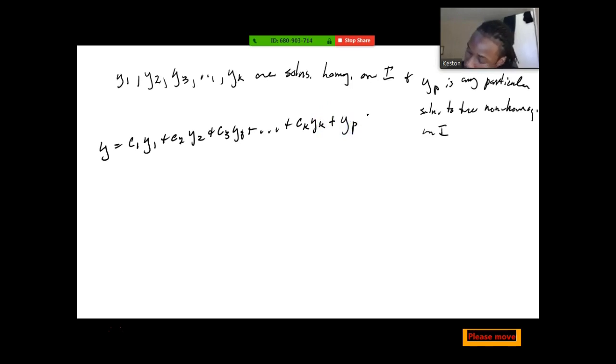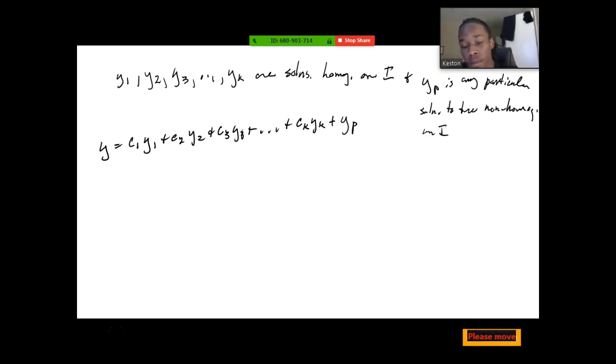Because y sub p is a particular solution, it doesn't have an arbitrary coefficient. If you plug all those into your same differential equation on the left, that is going to come out being 0, and then what's on the right is going to be your g of x, from y sub p, when you do all the derivatives.